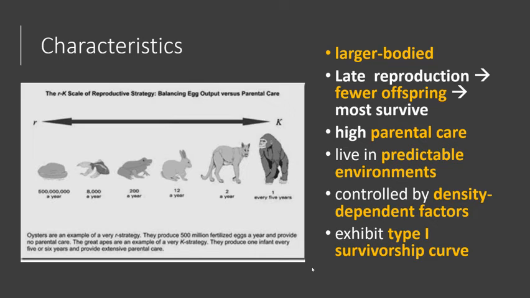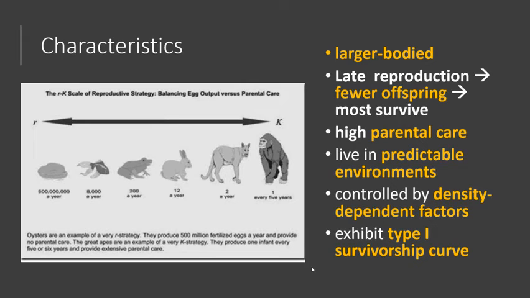Like I said, some characteristics of K-selected species: they tend to be larger bodied. Think large mammals like cats, gorillas, humans. They reproduce later in their life. They have fewer offspring, but a high percentage of these offspring survive. They give their offspring high amounts of parental care.